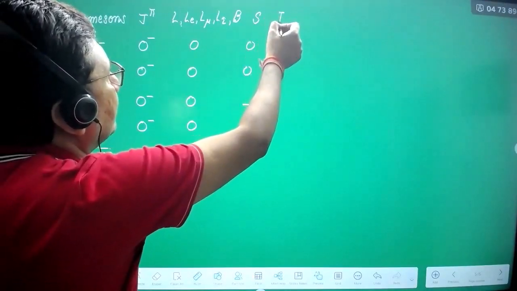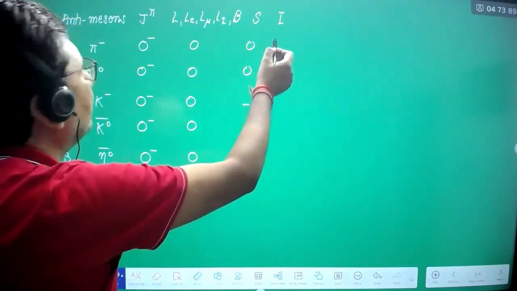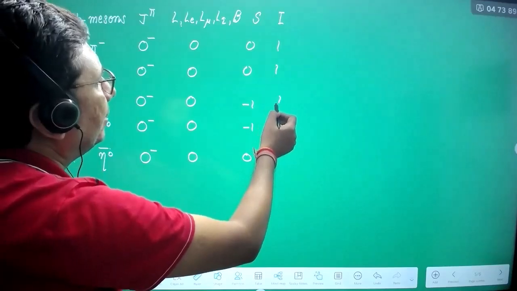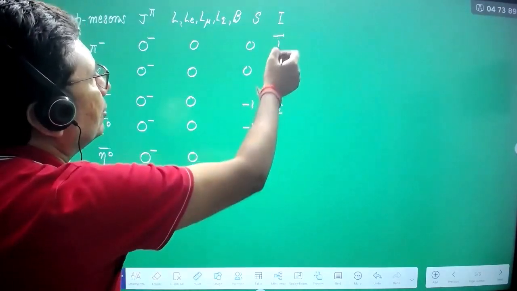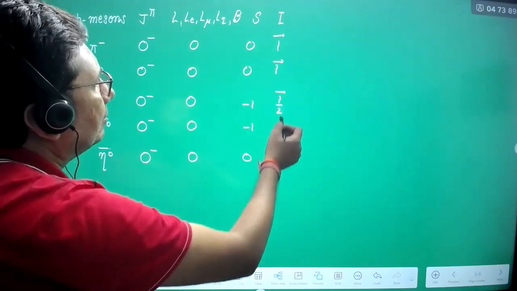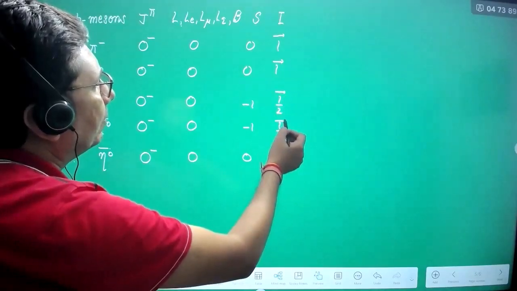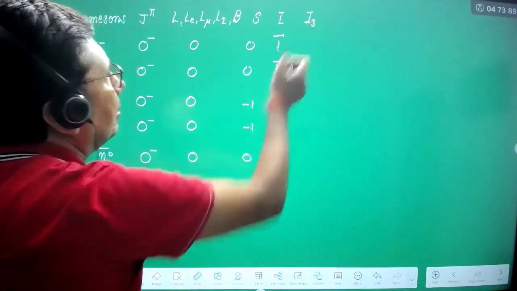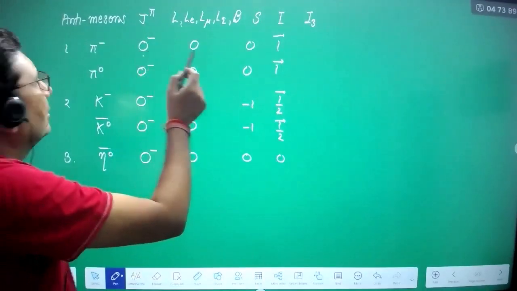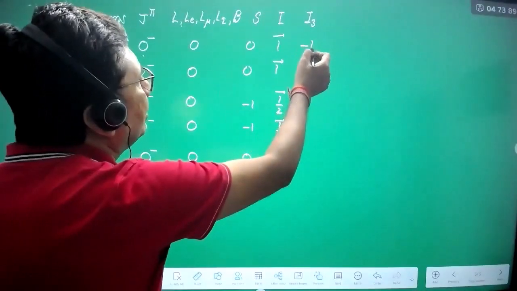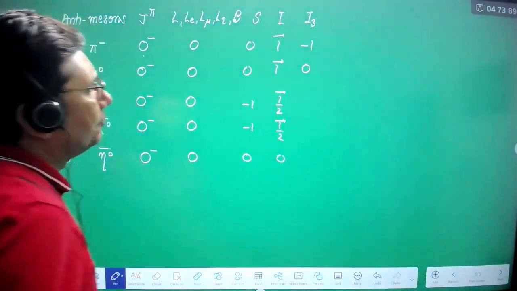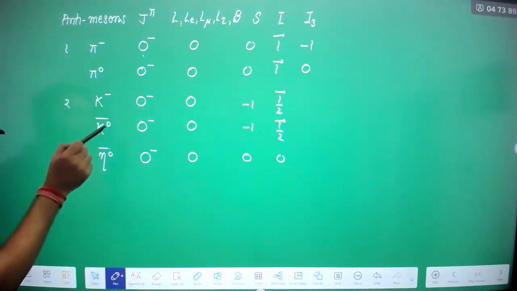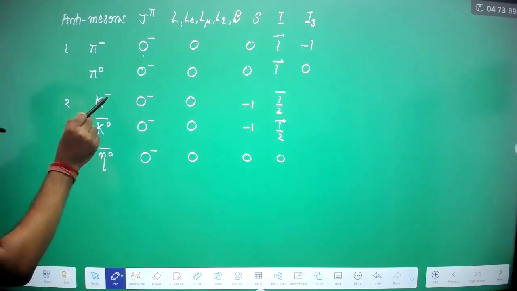If you look at I, it will remain 1, and it will remain half. Isospin will be 1. This will be half. It will be 0. But if you look at the I3 number, this is pi minus, so that will be minus 1. Pi naught will be 0. Here, who has higher charge, minus or 0? 0 is higher as compared to minus.